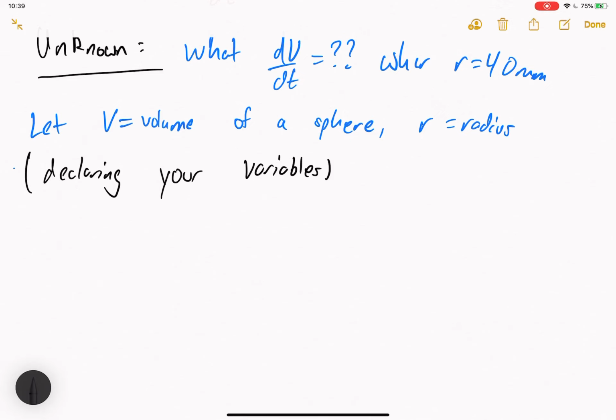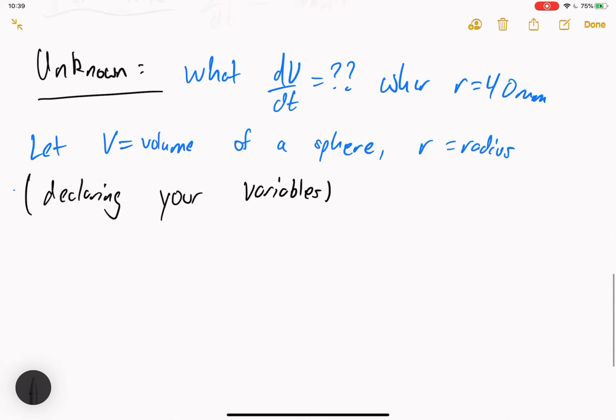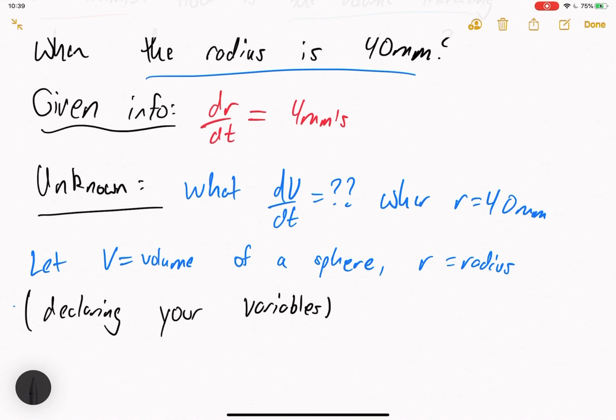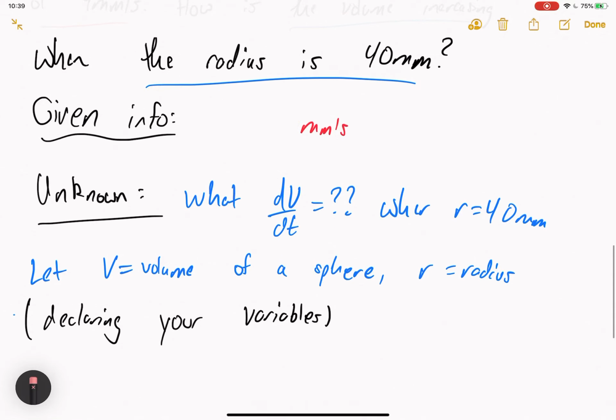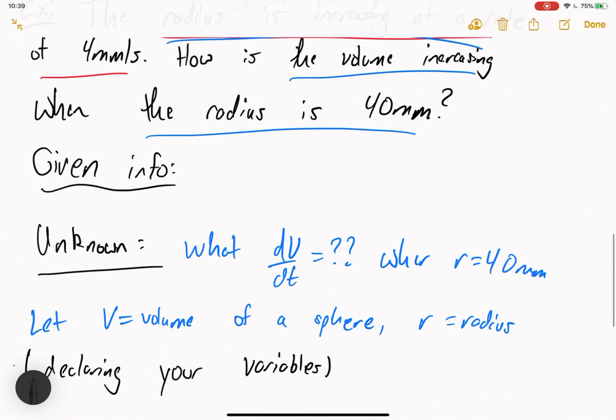Now that we have that, our given info and our unknown info come into what I already wrote. The given info is that the radius is increasing at a rate of 4 millimeters per second.